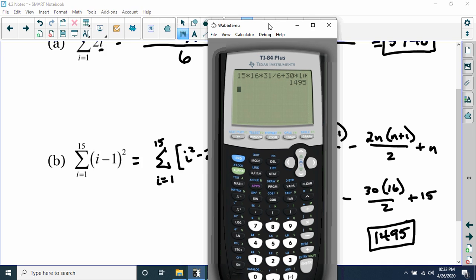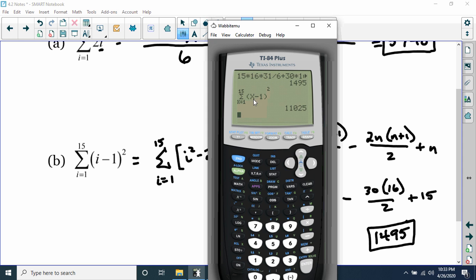1,495. And again, you can verify it on your calculator. One thing you need to be careful about, don't type it in like this. Notice my answer is wrong. Notice what it's doing. Inside the parentheses here is whatever it wants you to sum.